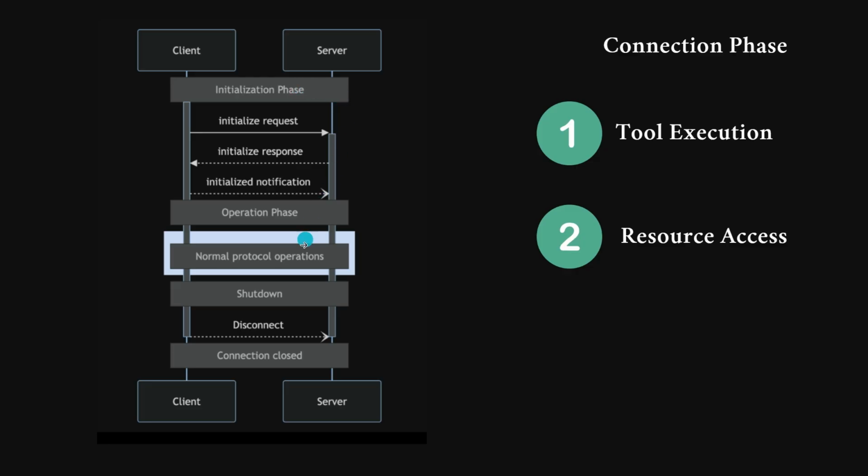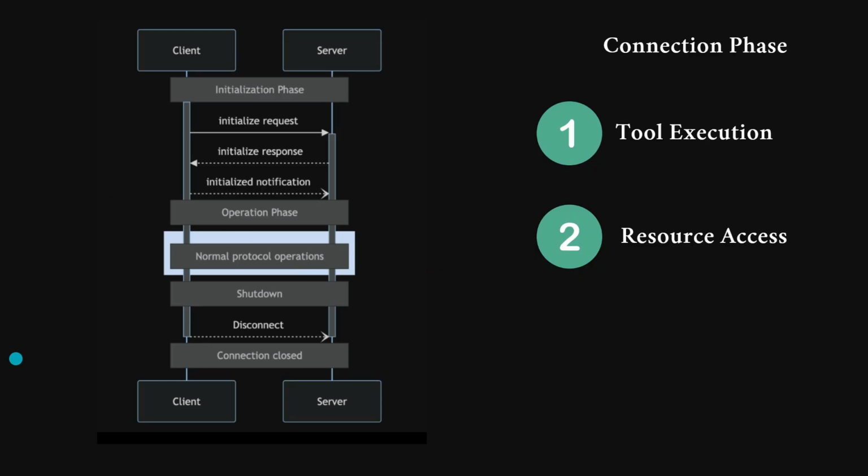So this is how it happens in the operation phase, where the main activity is the tool execution and also the resource access. If the server has exposed any kind of resources, those will also be fetched and provided using the URI. Whatever URI is mapped to that specific resource, based on that URI, the server will fetch that resource and provide it to the client.